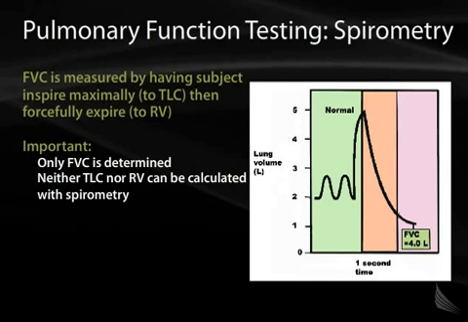There's a lot of different ways you can graph the same information to convey the same principles. In this graph, we have lung volume on the y-axis with time on the x-axis. So this graph is just showing the volume of gas that you blow out as a function of time.